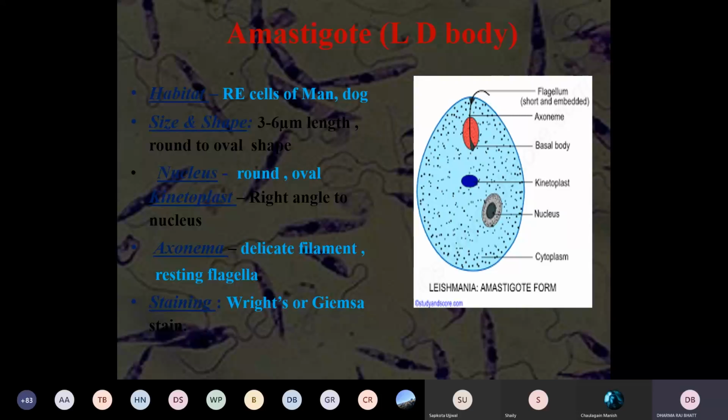So it is also known as the remnant of the flagellum. These LD bodies can be visualized by different stains in the laboratory, such as Wright stain, Giemsa stain, etc. So these amastigote forms are mostly present in the reticuloendothelial cells of man and another host, dog, while promastigote forms do not exist in the human host or dog.